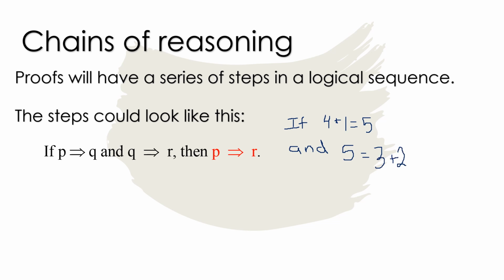You can tell this is hard to write with. Then we can say, because 4 plus 1 is my P, 5 is my Q. 5 is my Q, 3 plus 2 is R. So I can say 4 plus 1 equals 3 plus 2. So that is basically what that's saying, okay?